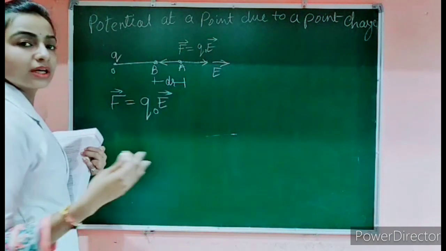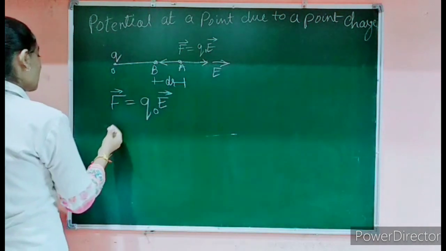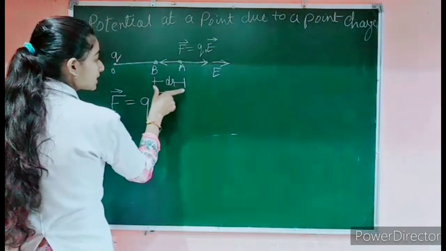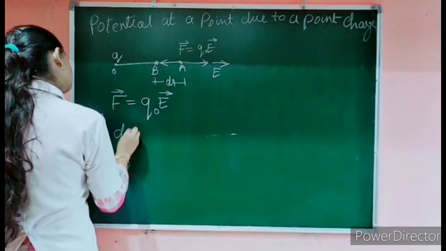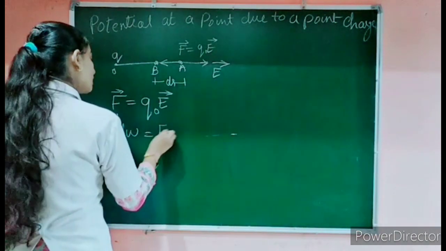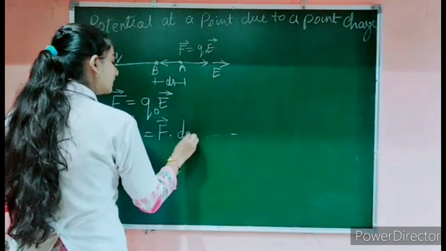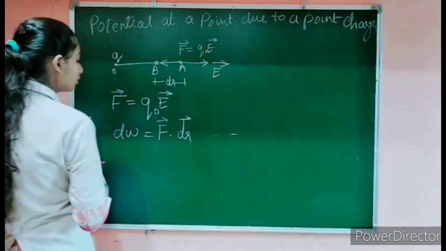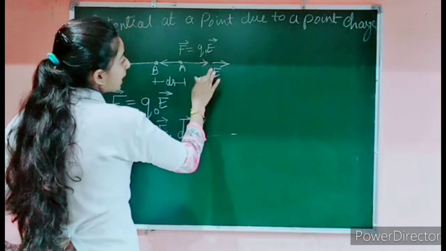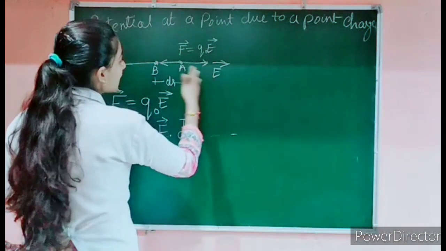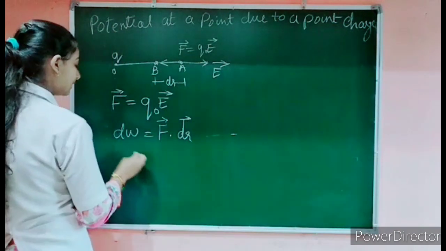Now, some work will be done in this, and there is a small distance or displacement. So, we can say that dW is equal to F into dr, force into displacement, and the angle between the electric field and the displacement will be 180 degrees.